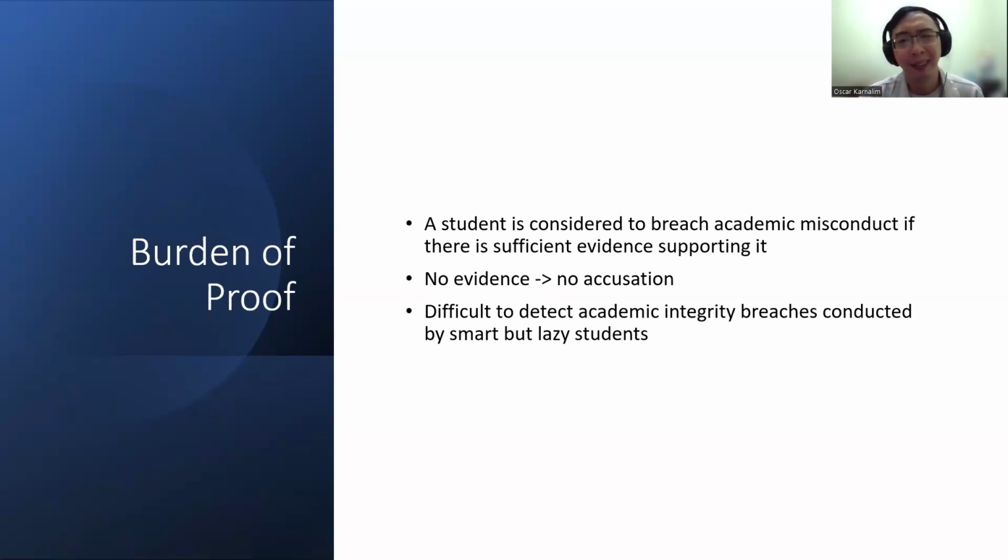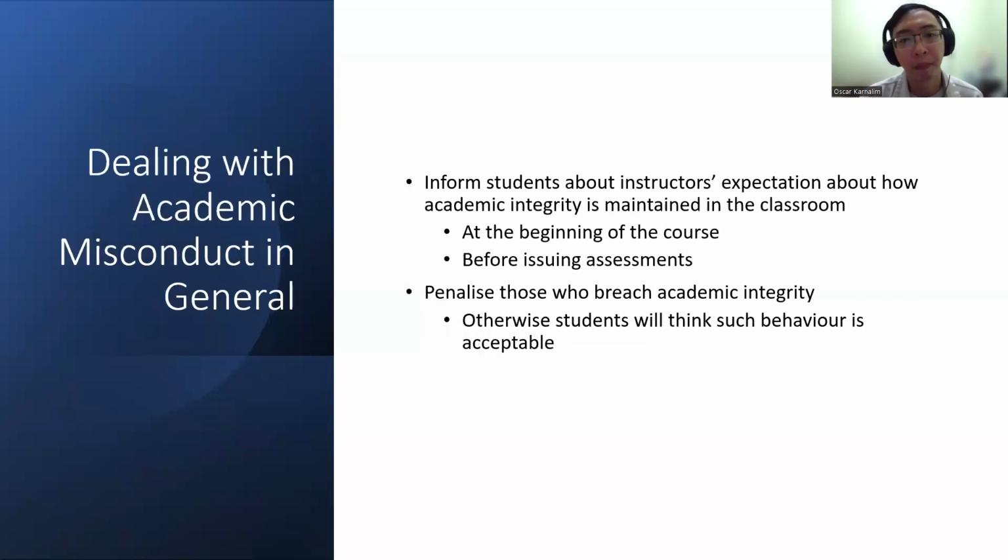In other words, it is more difficult to detect academic integrity breaches conducted by smart but lazy students, because they usually know how to remove evidence, how to minimize all of the evidence.